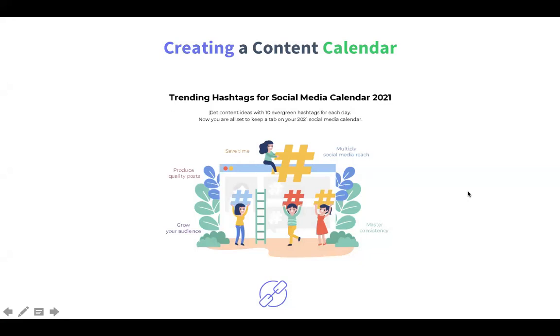The next thing I wanted to talk about was creating a content calendar. Again, very important to plan what you're going to be posting. Don't just try to think of something every day. And again, this is very specific to the line of business that you're in.